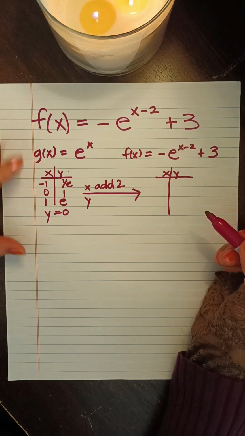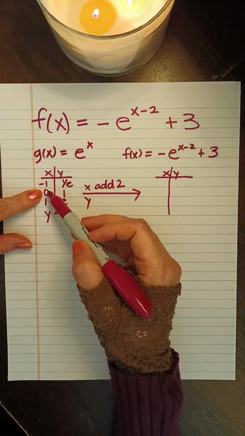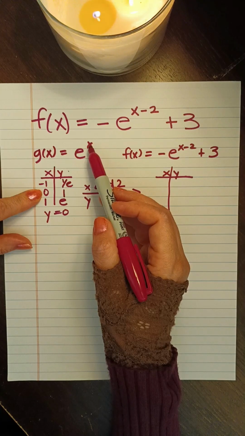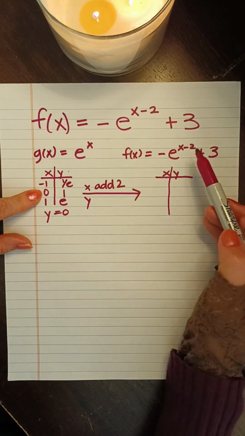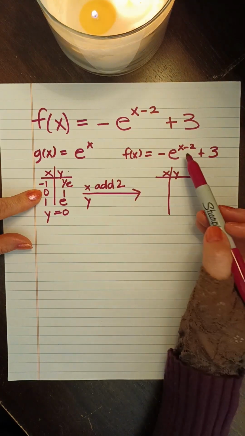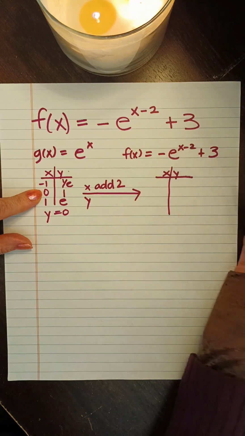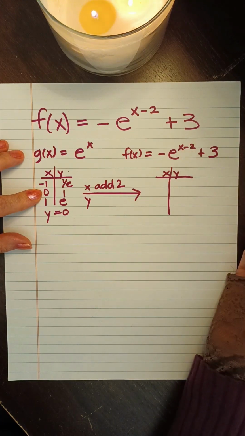For example, here we evaluated g at 0, so we ended up getting e to the 0. We want the same thing here. We want e to the 0, so we want this to be 0. And if that's the case, we have to add 2 to both sides.